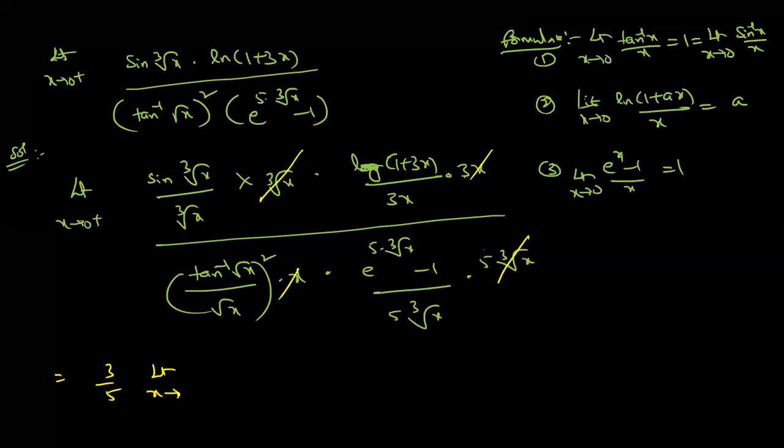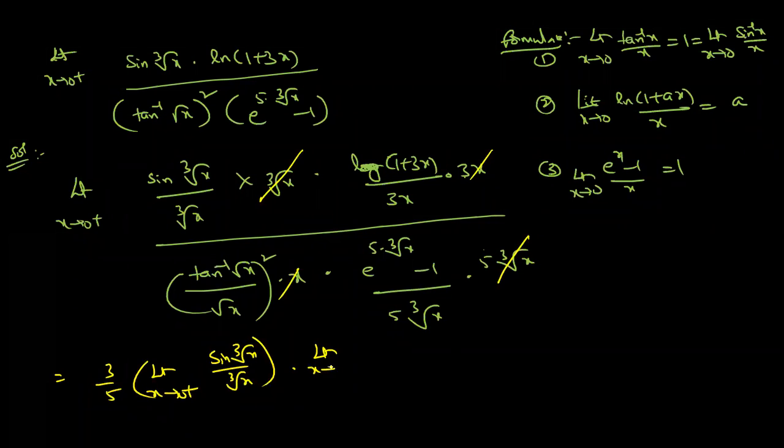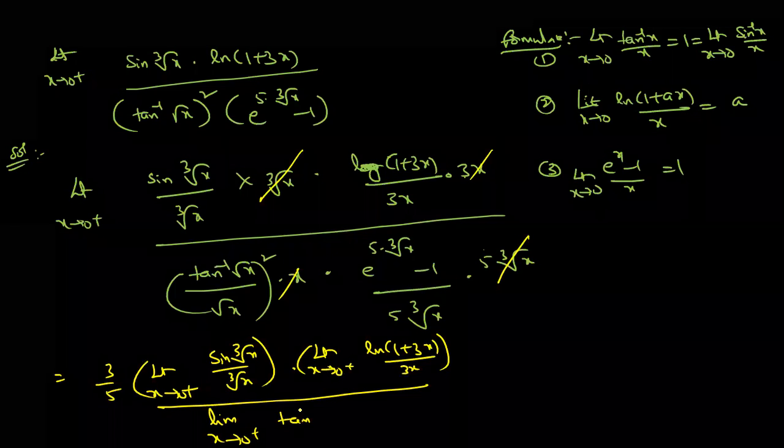Limit x tends to 0 plus, into limit x tends to 0 plus of ln of (1 + 3x) by 3x, by limit x tends to 0 plus of tan inverse root x by root x whole square.